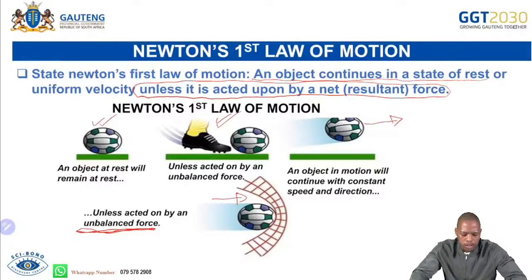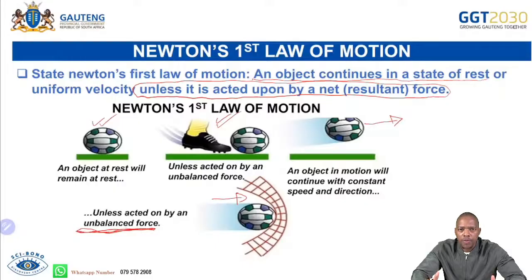And when you state this law, it's important to state this law in this manner, because these definitions and these laws that I'm giving you are coming from your examination guideline, which should be your number one tool when it comes to definitions and stating of laws, and also your formulas and all those things. You use your exam guideline. You don't want to define according to your own understanding.